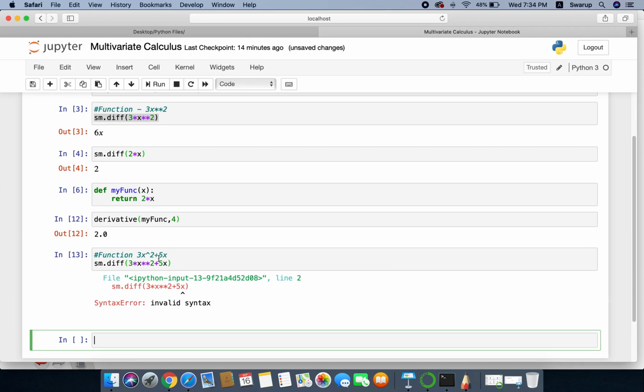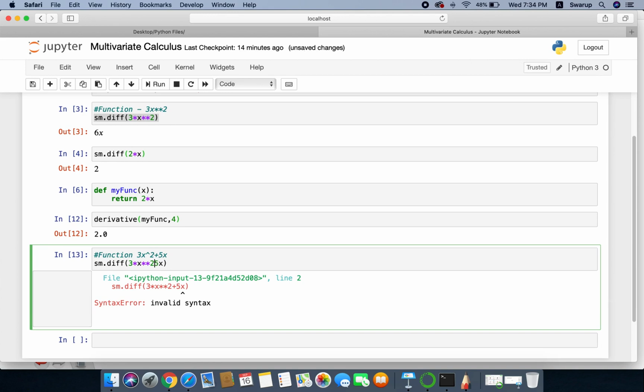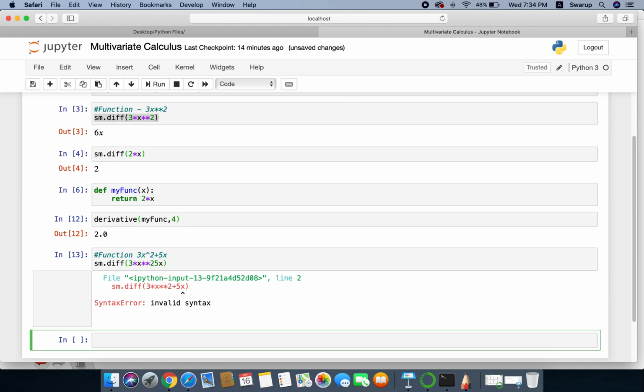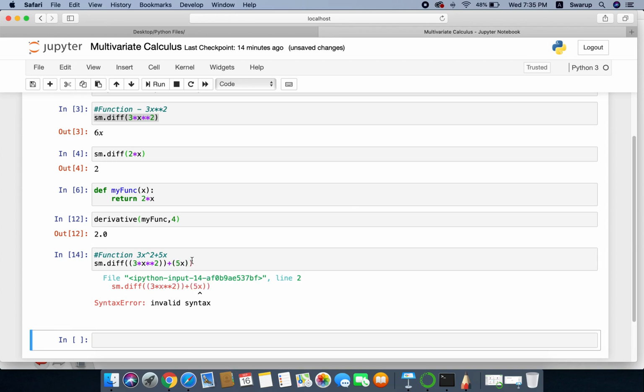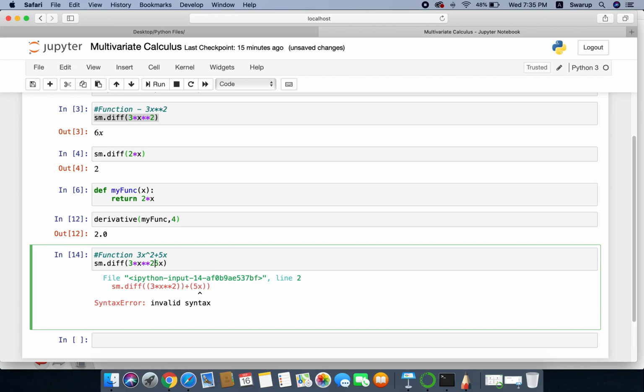Some error is there, okay. It says the syntax is invalid, so we cannot write it like this. Instead, we'll add extra brackets. Oh, sorry, it might have worked.